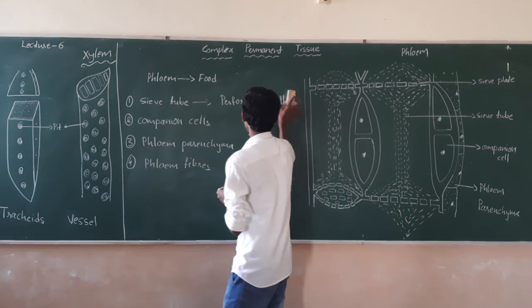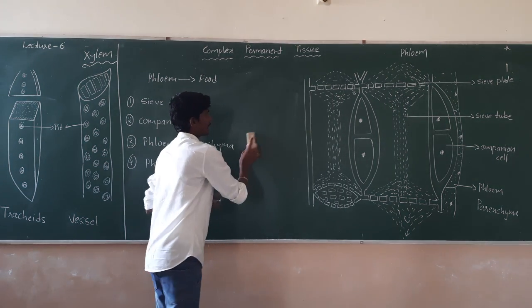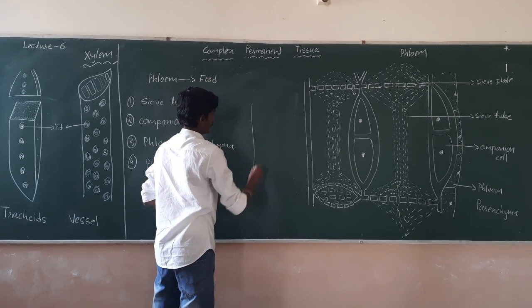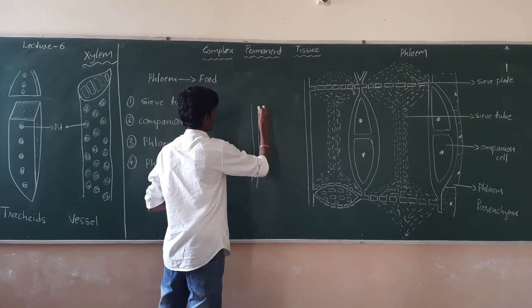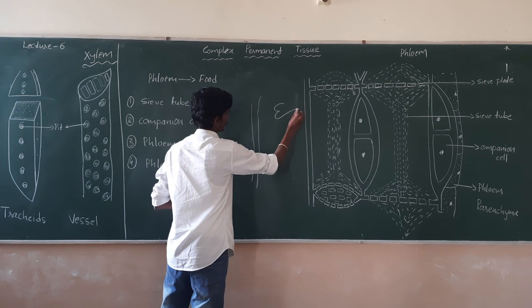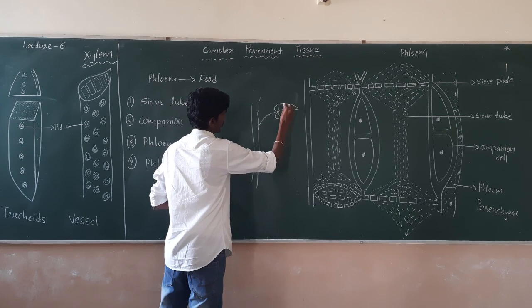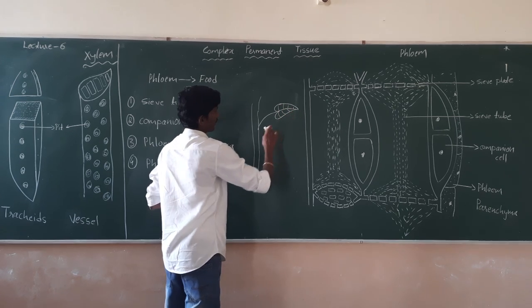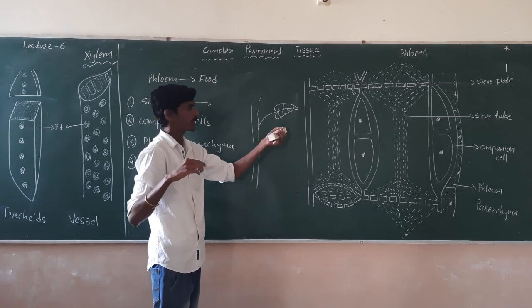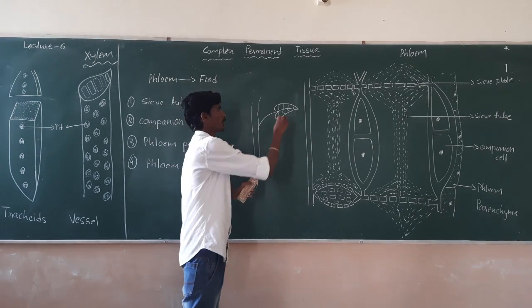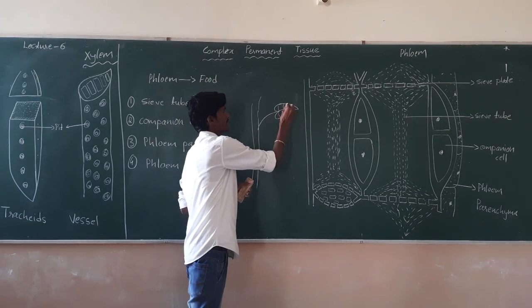Okay, you already know that the food is prepared in the leaves. This is the plant. These are the leaves. In leaves, the food is prepared in the process called photosynthesis. In photosynthesis, the food is synthesized.